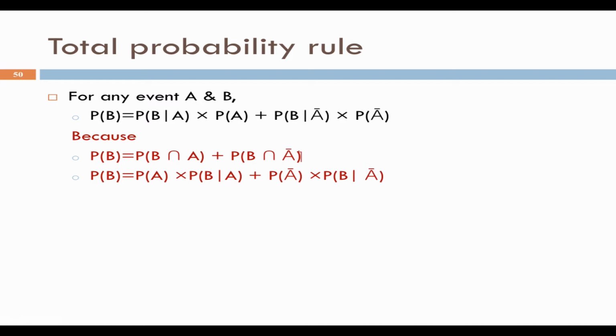If this is the whole sample space, and you have this event called B, and you want to learn the probability of B, you can decompose it by randomly choosing another event A. This A doesn't have to be in any relationship with B. Then B can be decomposed into two subsets. One subset is the part of the elements that intersect or overlap with A.